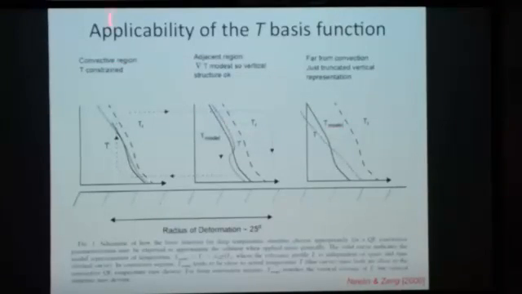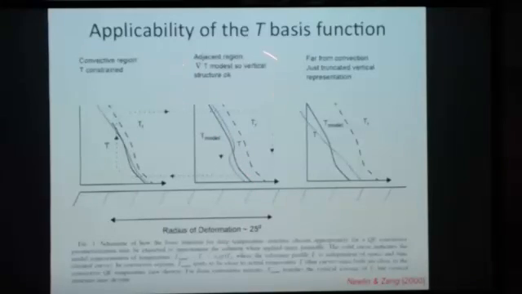So the applicability of this basis function: really what we're doing is we're taking this basis function and saying we can apply it anywhere in the tropics. By nature of where the sounding was chosen in the Western Pacific, that's a pretty intensely convecting region. And in the convective region, the temperature that the model is calculating is pretty close to this reference, what we're giving it as the profile.